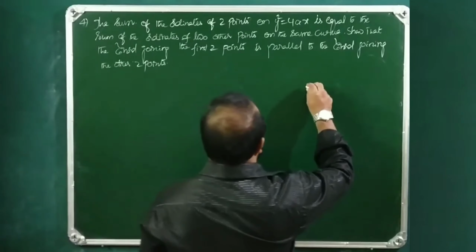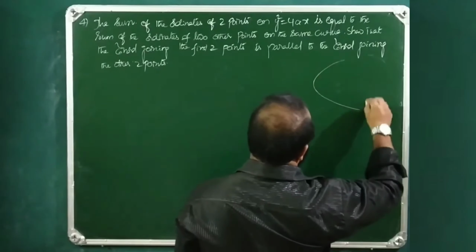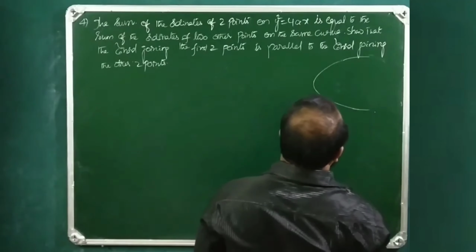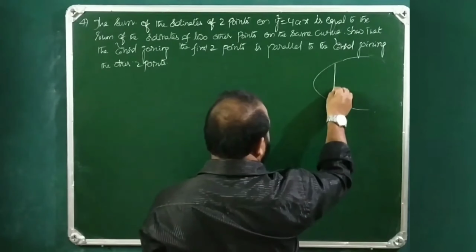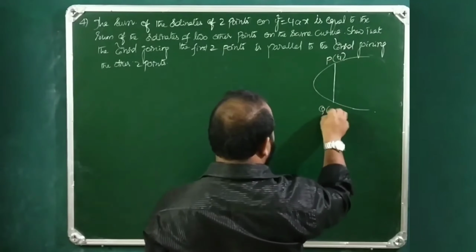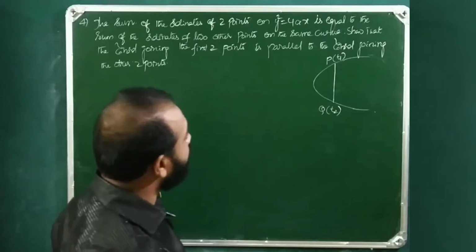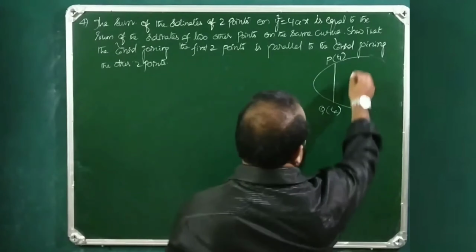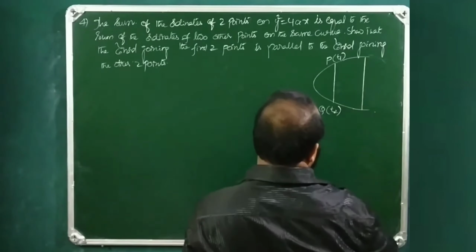So let us take the parabola y square equals to 4x like this, and so let P(t1), Q(t2) be the 2 points and R(t3) and S(t4) are other 2 points on the same parabola y square equals to 4ax.